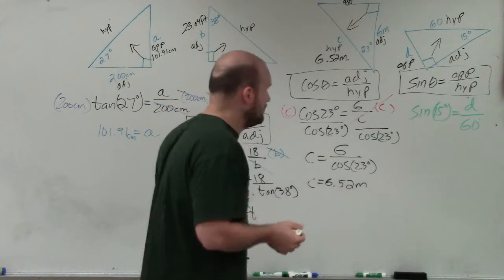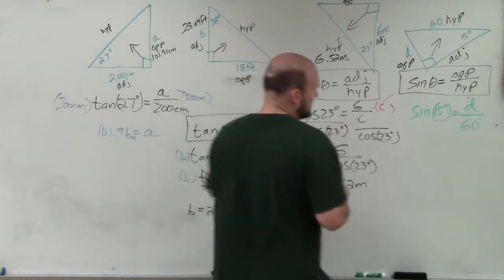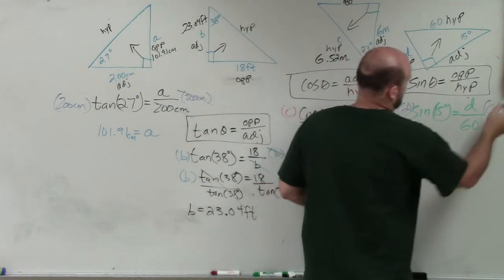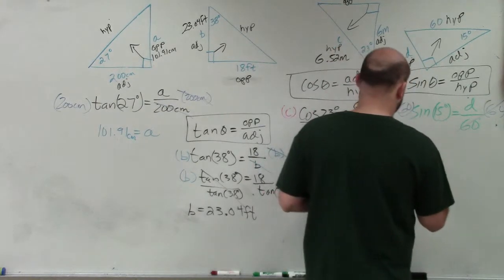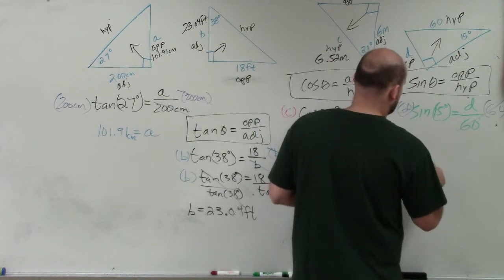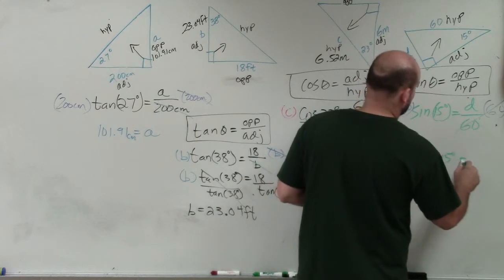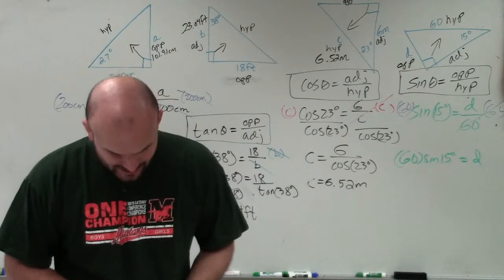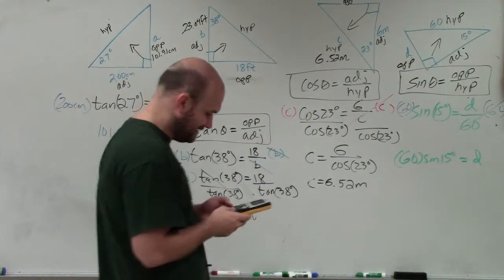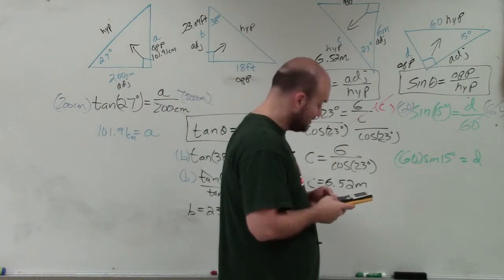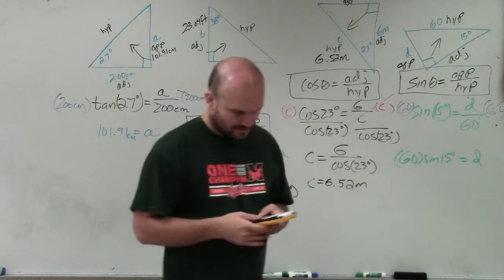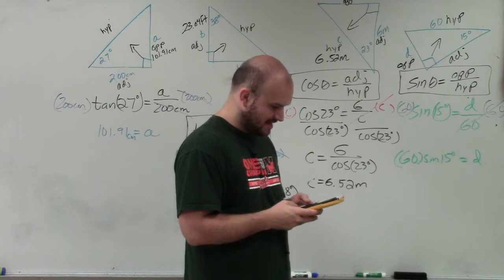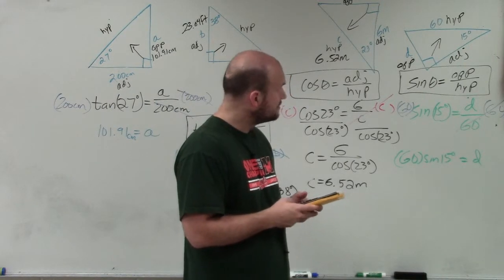So what I'll do is I'll multiply by 60 on both sides. Therefore, I'm left with 60 times the sine of 15 degrees equals d. OK? So now all I simply need to do is go back to my calculator again, and I need to do 60 times the sine of 15 degrees.